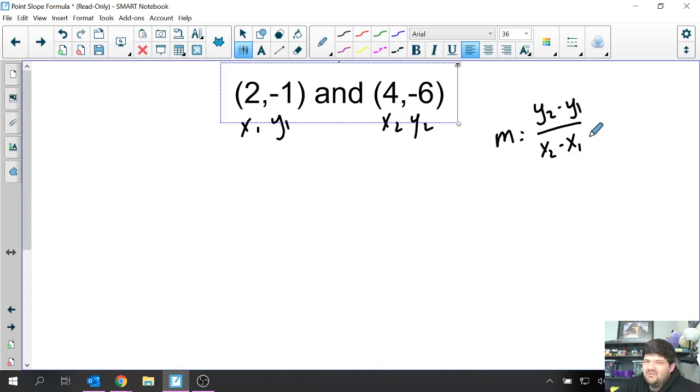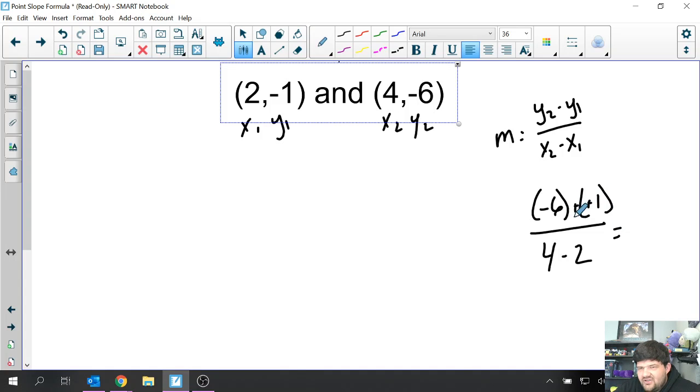So not really wrong, just more difficult to mess with. So y2 is negative 6, minus y1 is negative 1, all over x2 is 4, minus x1 is 2. -6 minus -1, minus a negative changes to a positive. -6 plus 1, -5.